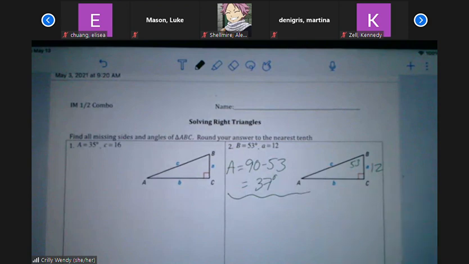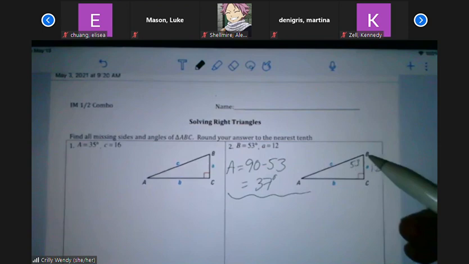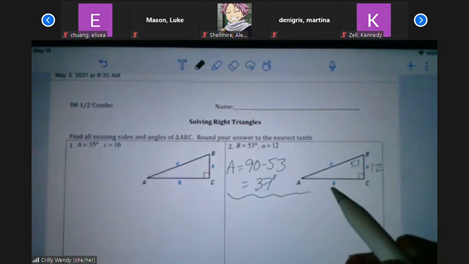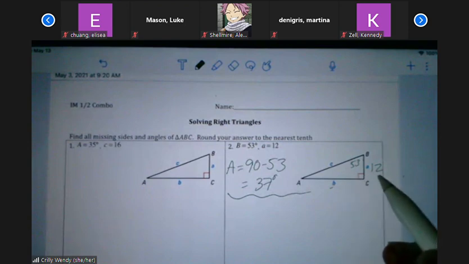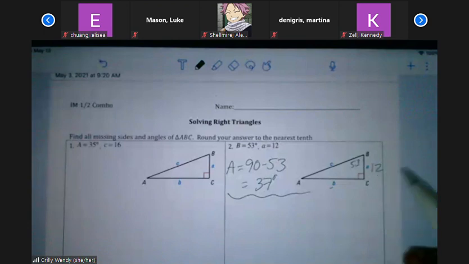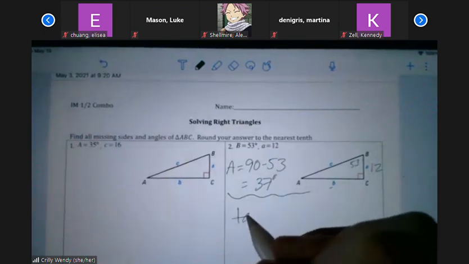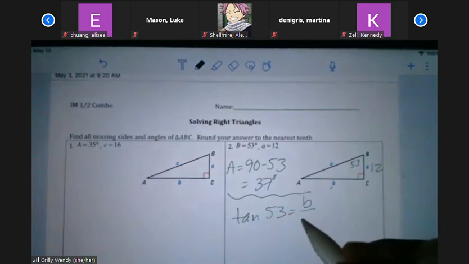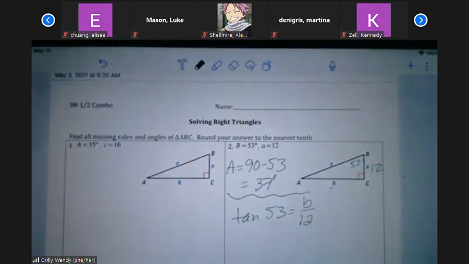Since I was given angle B, looking at angle B, I need the opposite side. I have the adjacent. So that would be tangent. So tangent 53 equals B over 12, equals opposite leg over adjacent leg.